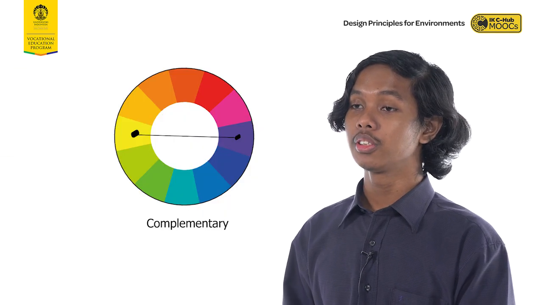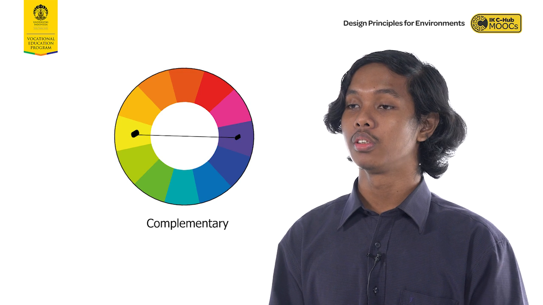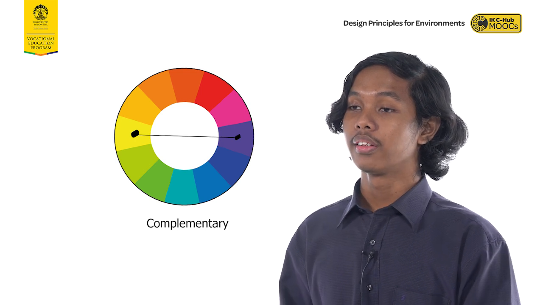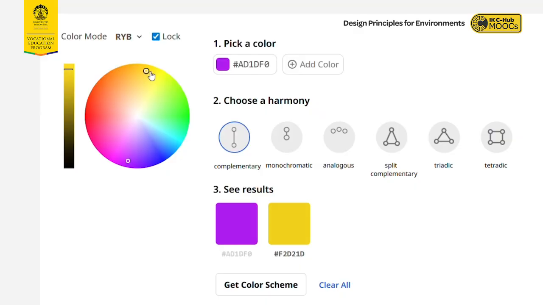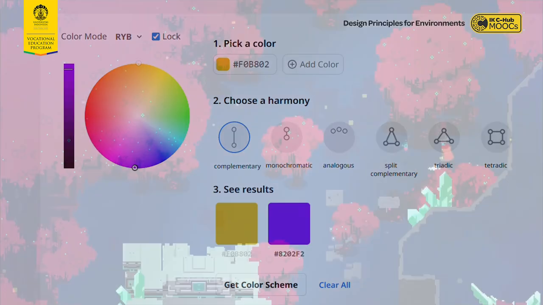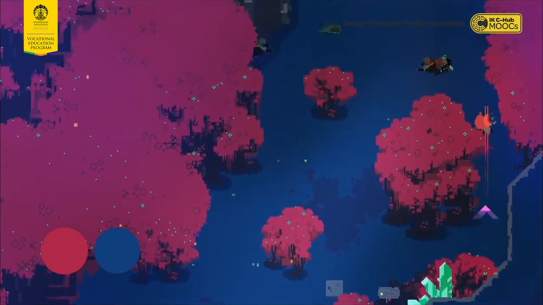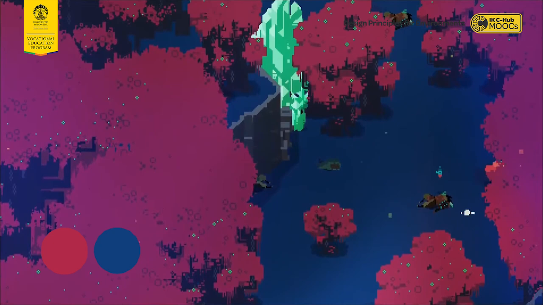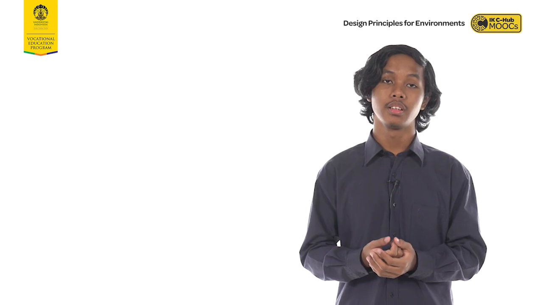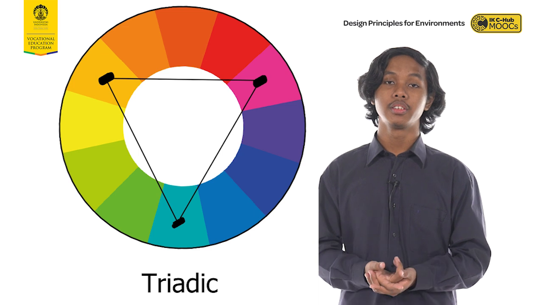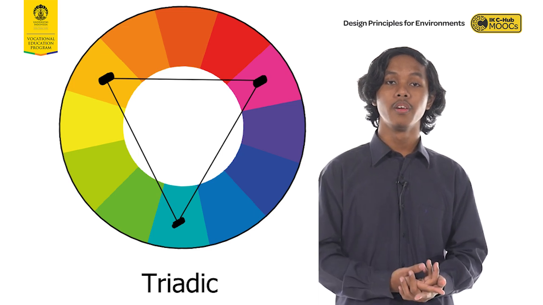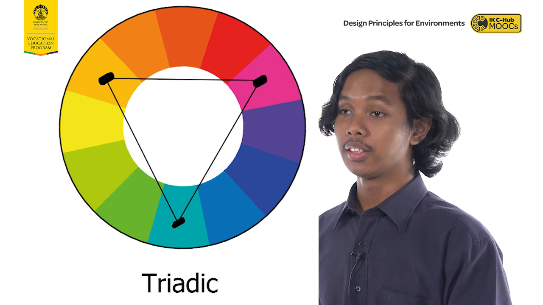It is a scheme that uses colors that are opposite each other on the color wheel, like red and green. This creates a high contrast look. Then, triadic. It is a scheme that uses 3 colors that are evenly spaced around the color wheel. This is a good scheme for projects that need lots of color.